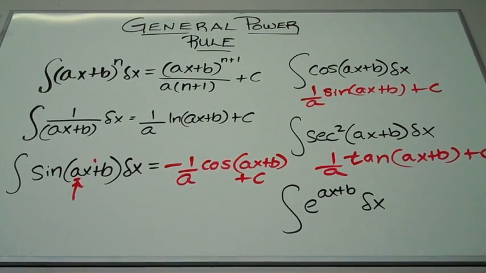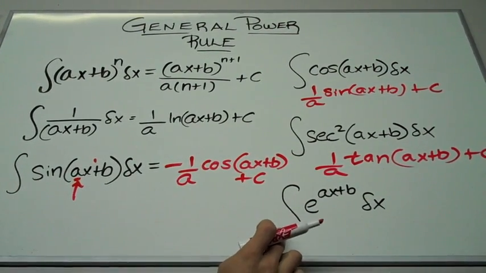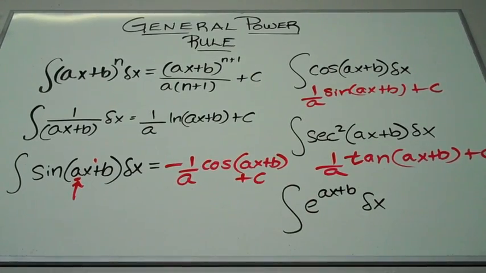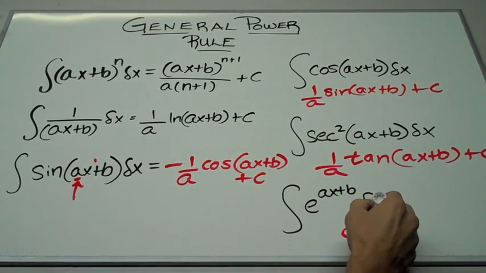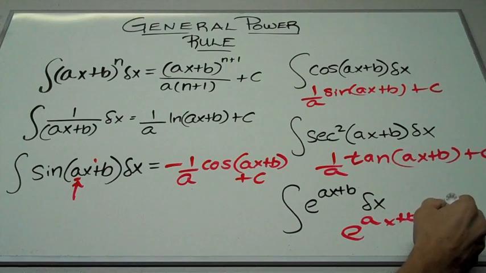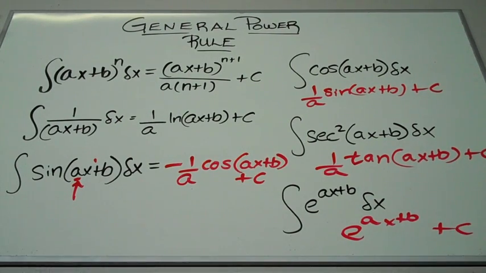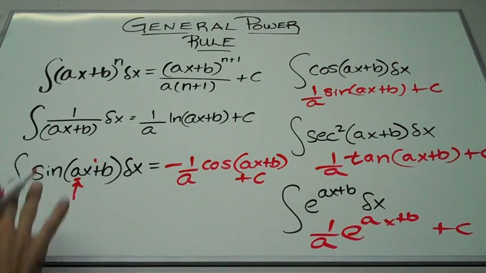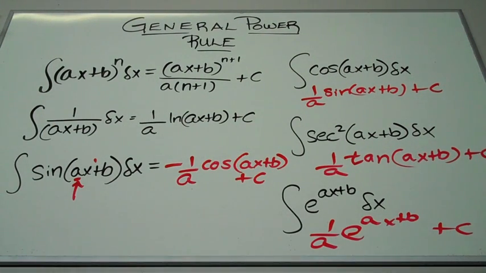And last but not least, the antiderivative, or the integral, of e to something is going to be e to that same thing, ax + b, plus the constant of integration, times 1 over the coefficient of your x. So you have to know these by heart. Before we move on, you have to make sure you know these. Now let's apply them to some examples.